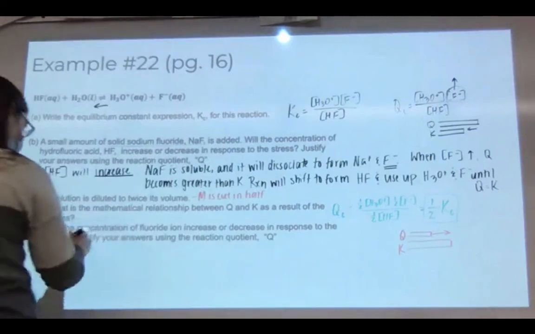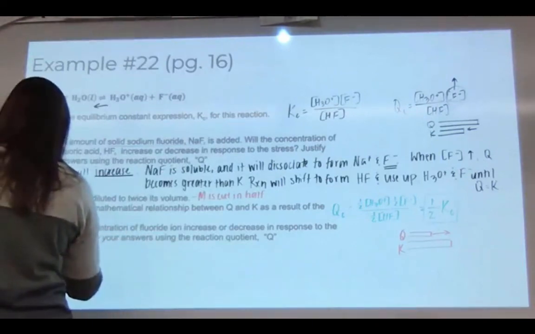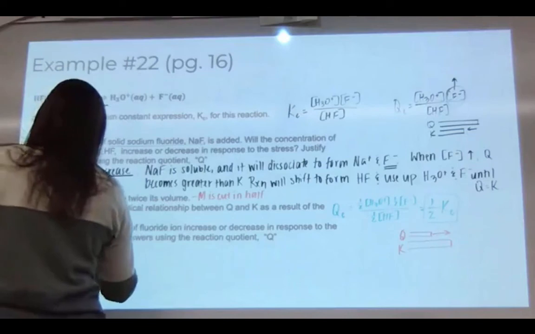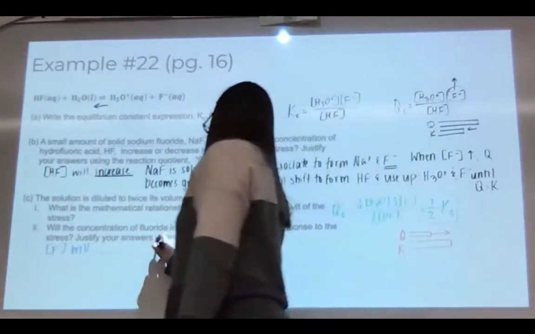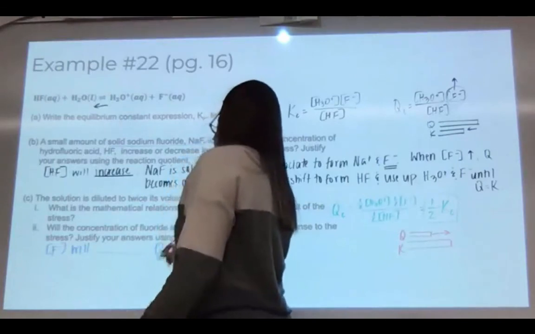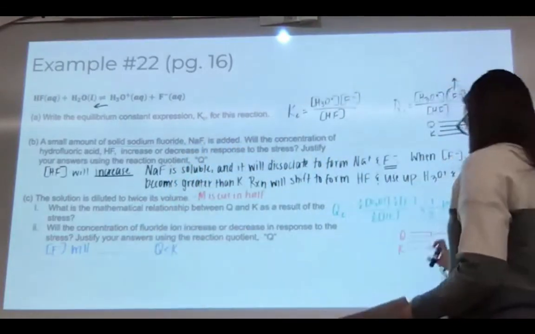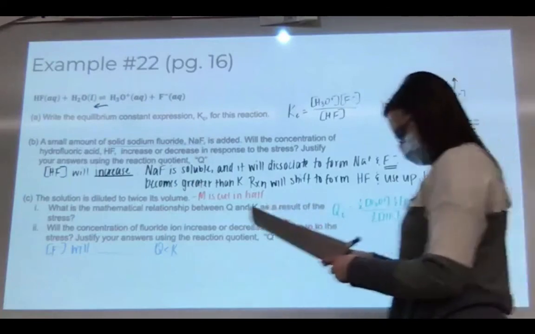So concentration of F minus will, I'm going to leave that blank. I'll answer that once I justify. So Q is less than K. All right, we know that from part 1.